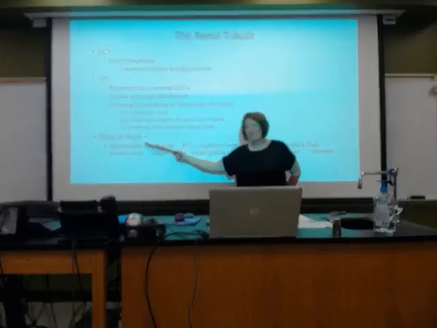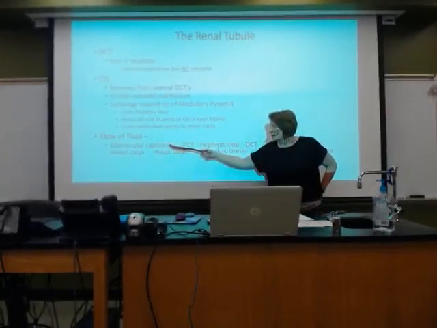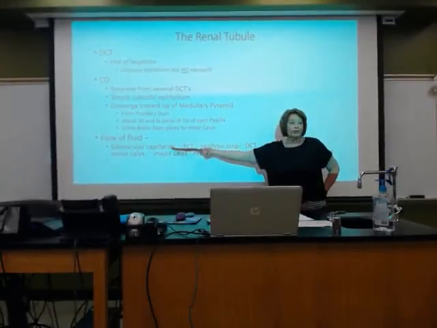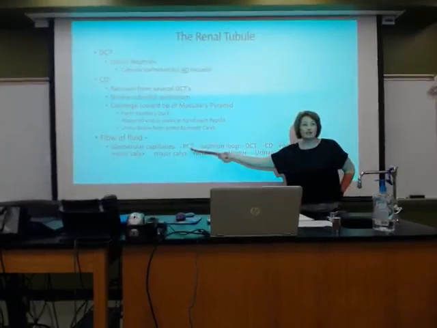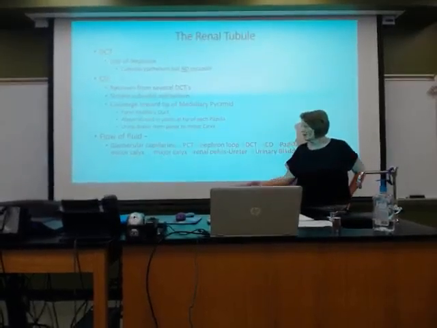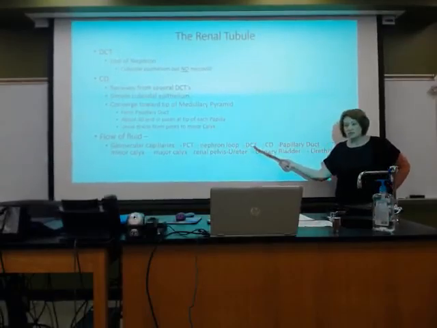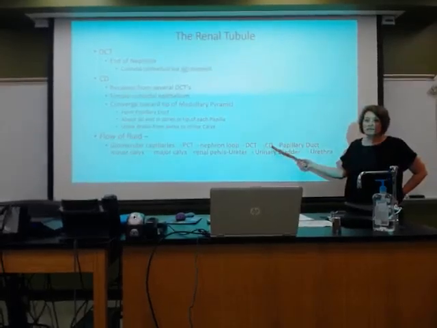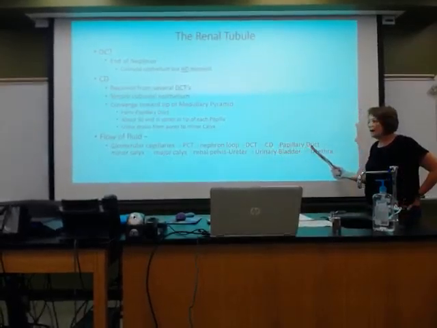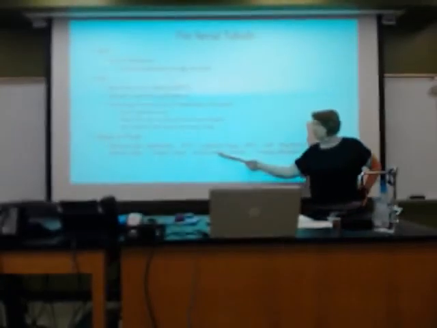So here's the flow of the fluid. The glomerular capillaries, from there to the PCT, proximal convoluted tubule, into the nephron loop, into the distal convoluted tubule, into the collecting duct, into the papillary duct, into the minor calyx, to the major calyx, to the renal pelvis.